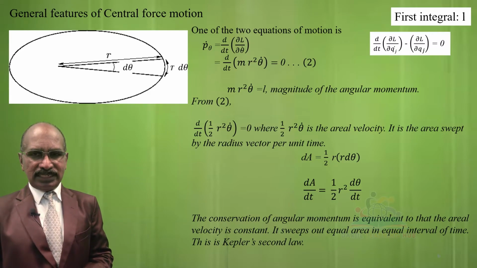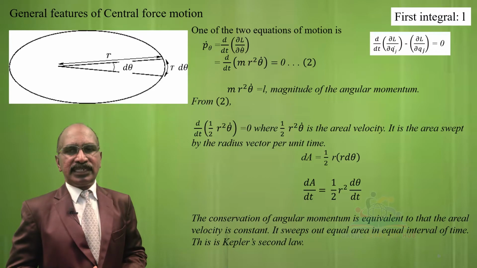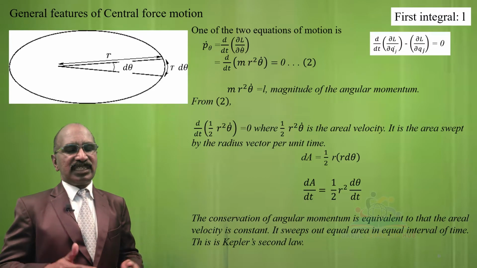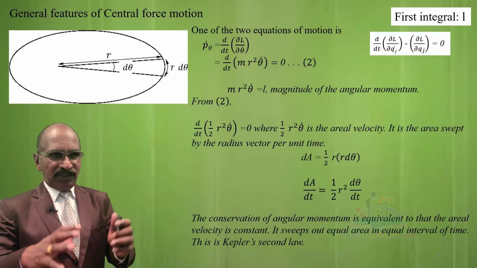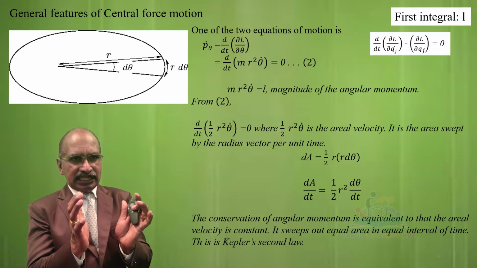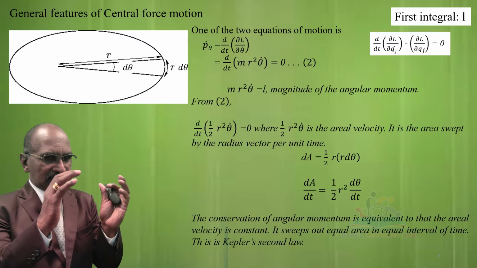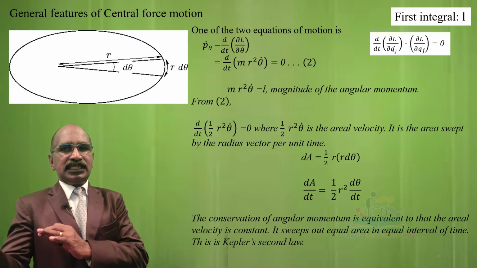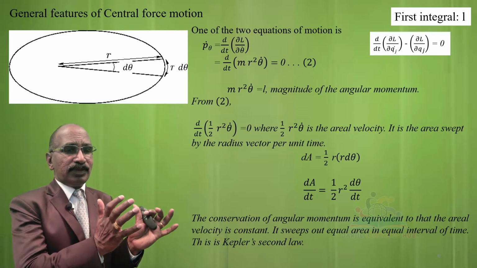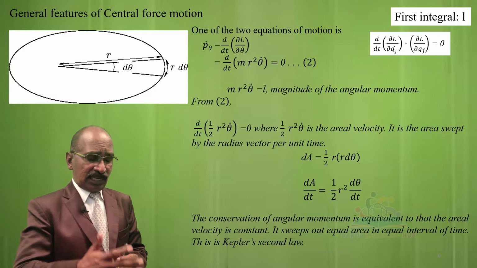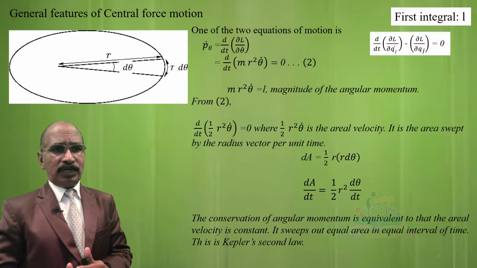∂L by ∂theta dot, in the previous slide we calculated it to be m r square theta dot. Therefore, the differentiation of the quantity inside the bracket is equal to 0. That quantity must be a constant quantity. Differentiation of a constant should be equal to 0.